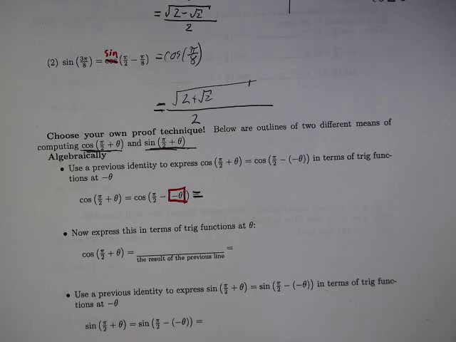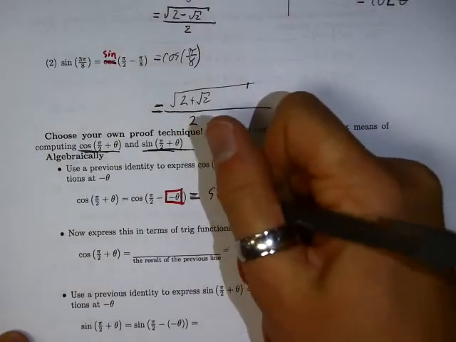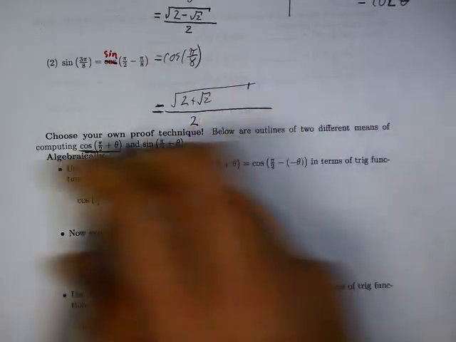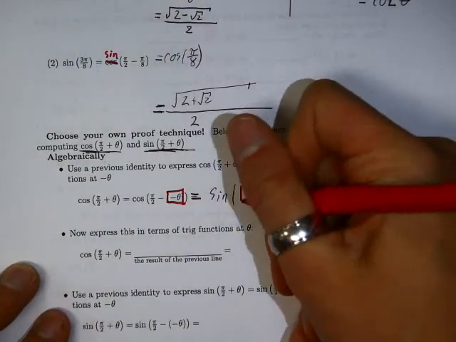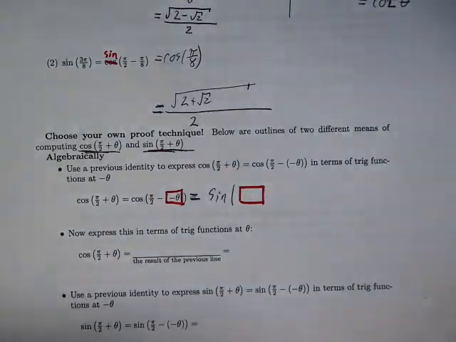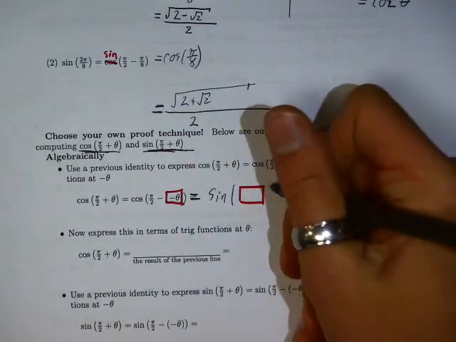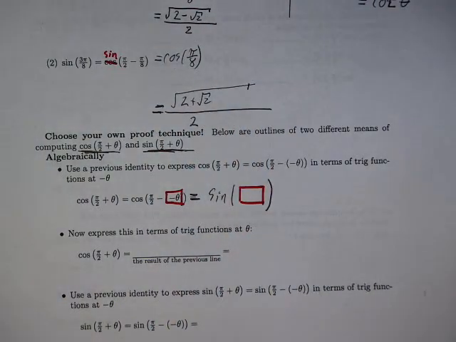It's the sine of that thing. So that means that the cosine of pi over 2 minus red box should be the same thing as the sine of the thing that's in the red box. What was the thing in the red box? Negative theta.